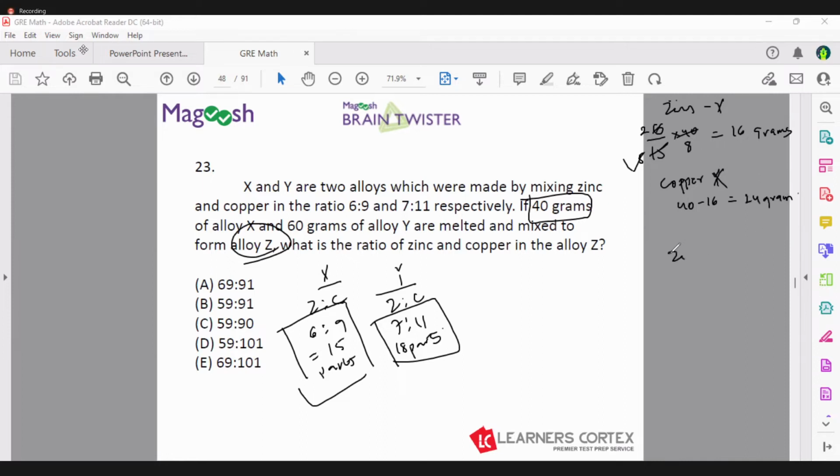Now, similarly, zinc in alloy Y would be 7/18 times 60 grams. So this would be 6 times 3 and 6 times 10, which is 70 by 3 grams. No need to solve this particular fraction.